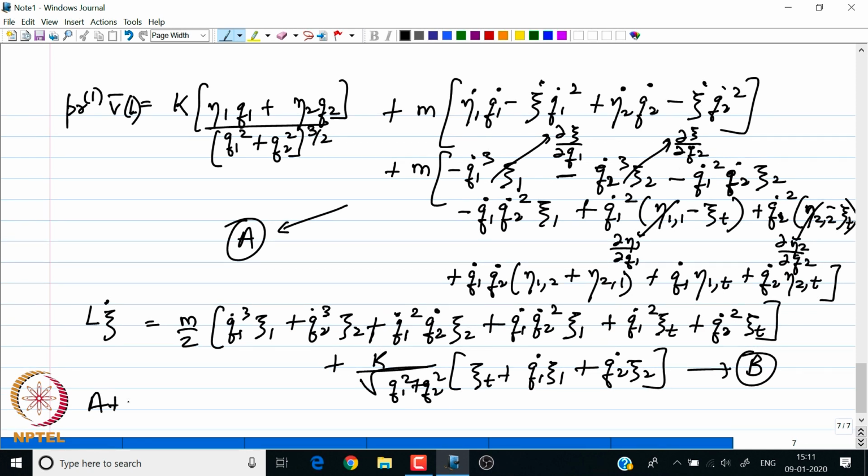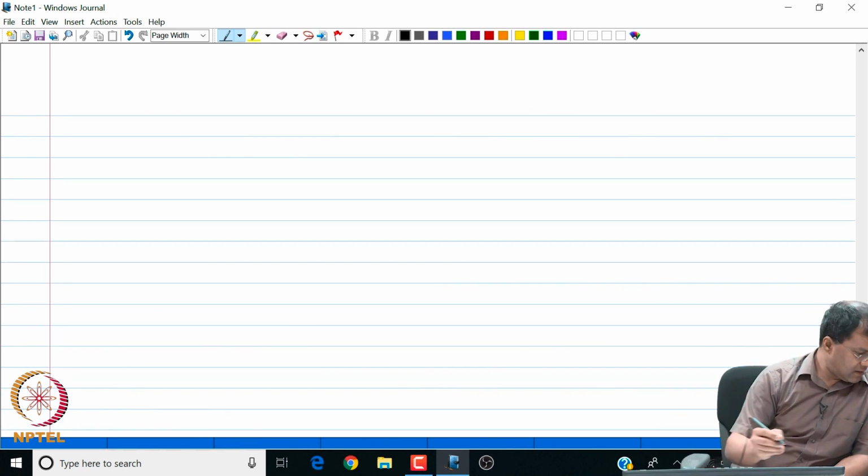So, A plus B set equal to 0 implies, let me now go to the next slide. We are going to get the following set of relations by equating various powers of qi dot.